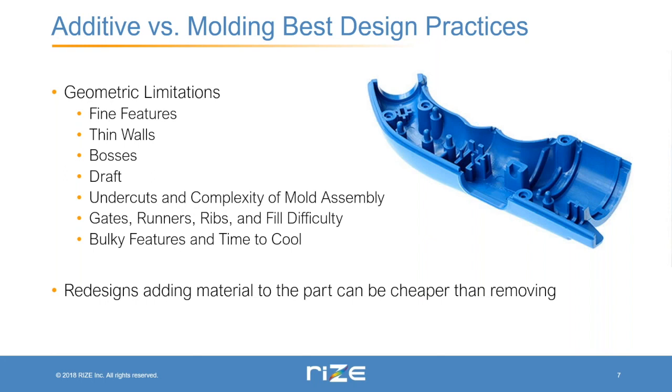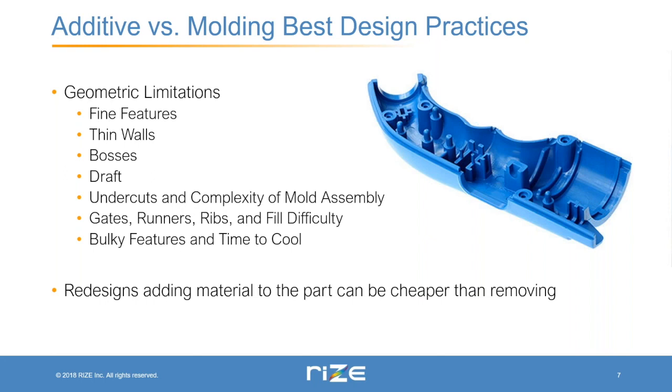Some of the other design features that I often see for parts that were designed for molding include gates, runners, and ribs. And some things to consider with these when using them for molding include the difficulty of filling them, because if a portion of a mold geometry is too narrow, then it's possible that the molten plastic will not be able to enter into it, and you'll end up with a void or empty space in the part.